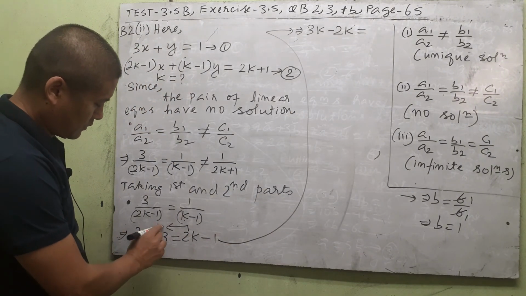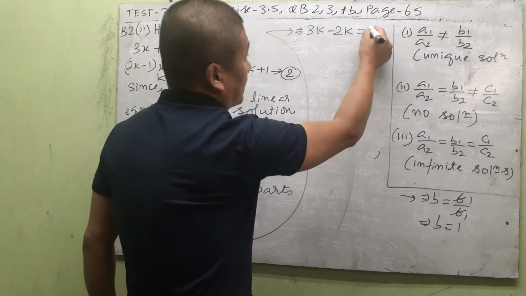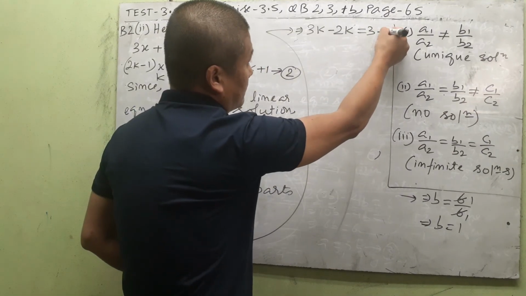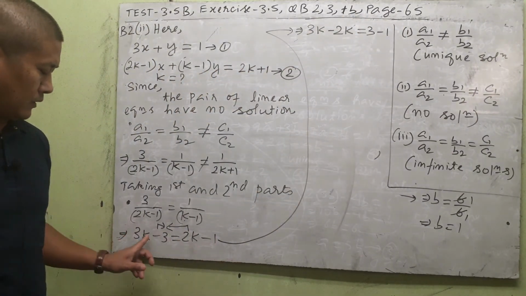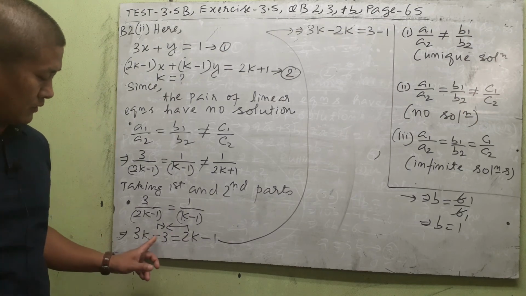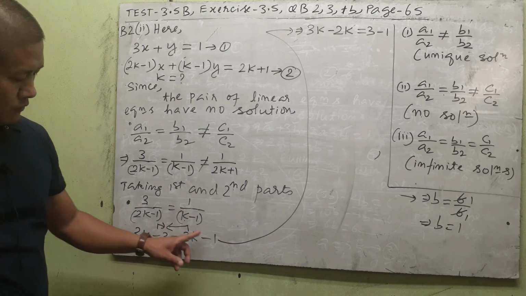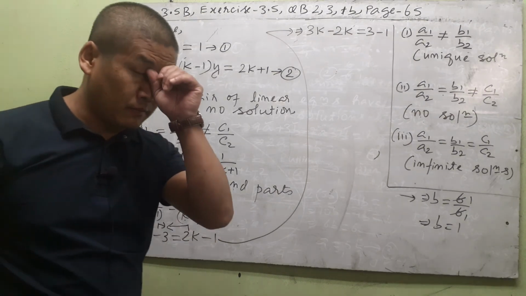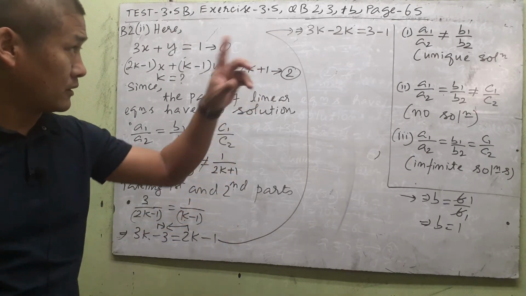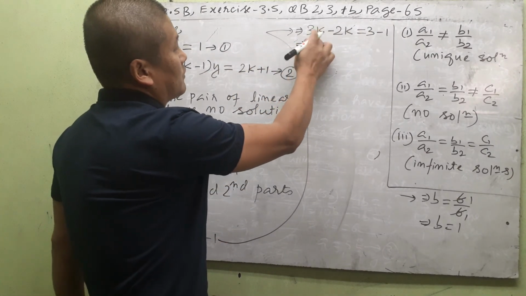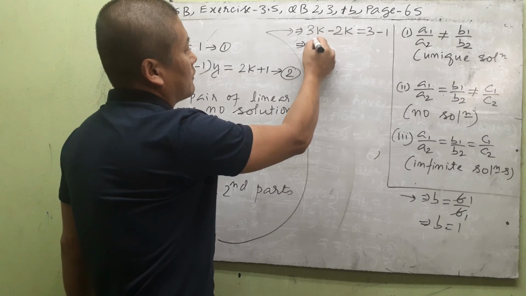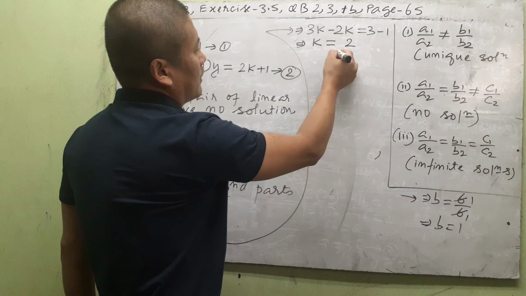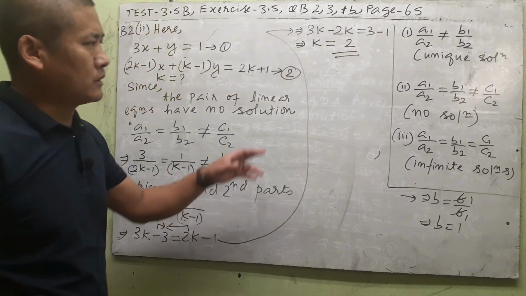Shift this minus 3 to the right side, then it becomes plus 3. Minus 1 is not shifted, still on the right side, so the same sign, minus 1. Now 3k minus 2k is like 3 mangoes minus 2 mangoes, so 1 mango, which is k. 1k is k. 3 minus 1 is plus 2. So our value for k is 2.